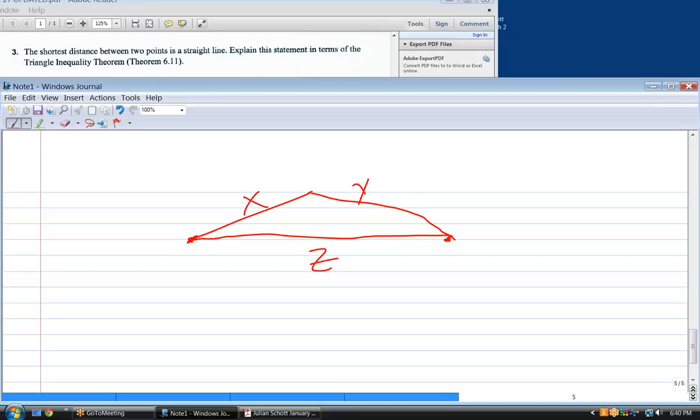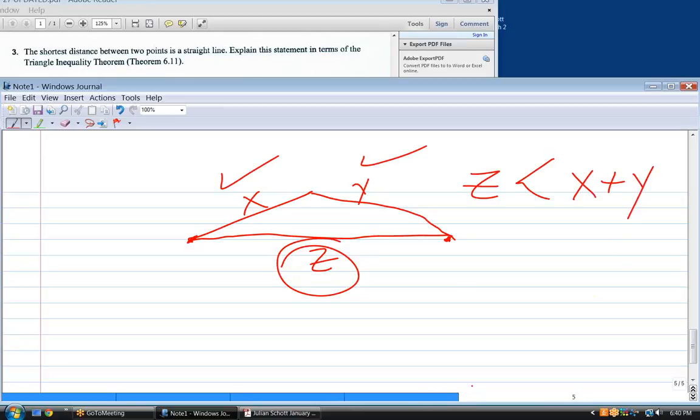So x plus y has to be greater than z. And that's what our theorem says: any side, z, has to be less than the sum of the other two, so z has to be less than x plus y. And z also has to be greater than y minus x or x minus y, depending on which one's bigger.